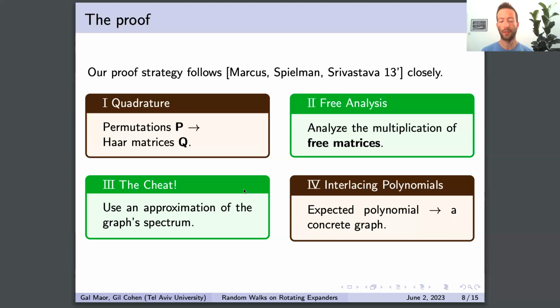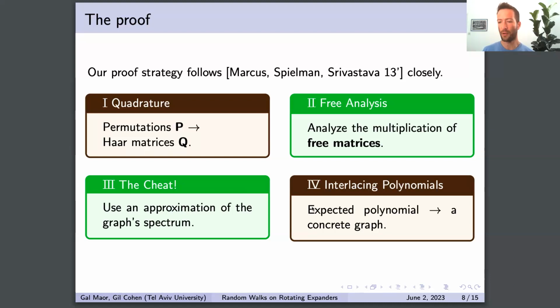The third part we call the cheat. We cheat by ignoring the graph and just analyzing some ideal object that we think of as an approximation of the graph. And only after doing all our calculations on the ideal object, we uncheat by looking back and bounding the error that might have occurred in this approximation.